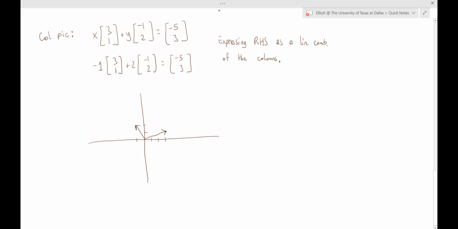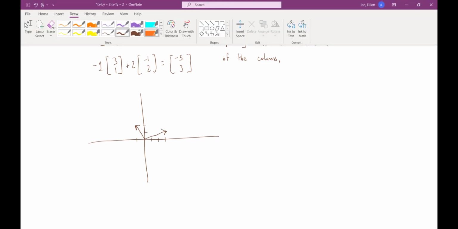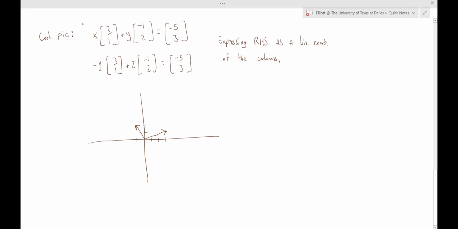And then next I'm going to multiply 3, 1 by negative 1. Multiplying by negative 1 just reverses the direction, still the same length.